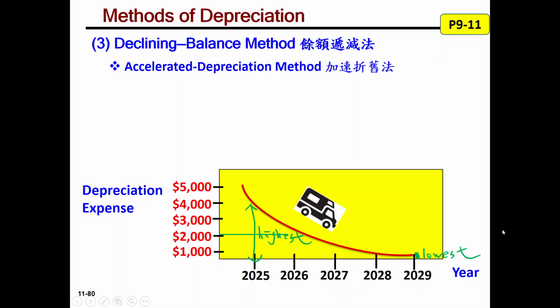Last year you will have the lowest expense. Okay? This method for the young guy, we call it declining balance method 余额递减法. Also, we call it accelerated depreciation expense 加速折旧法. They are the same. So sometimes we call it declining balance method, sometimes accelerated depreciation expense.